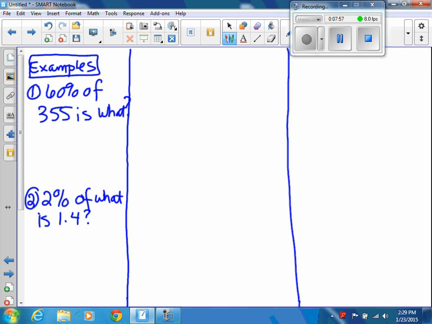All right, let me set up my percent proportion. Is over of equals percent over 100. Remember, we're going to keep doing that same thing every single time. So it says 60% of 355 is what? So the percent's pretty easy. As I look at this, I know percent. I'm going to use this right here. It's going to be my percent right here. So I'm going to start with that.